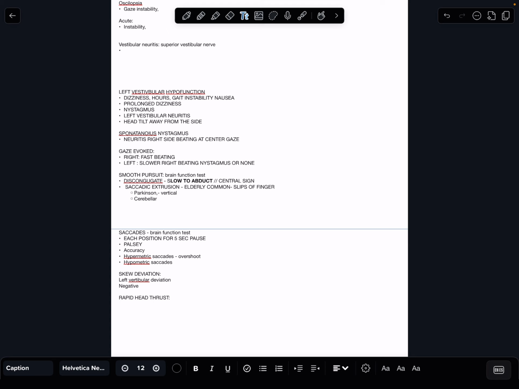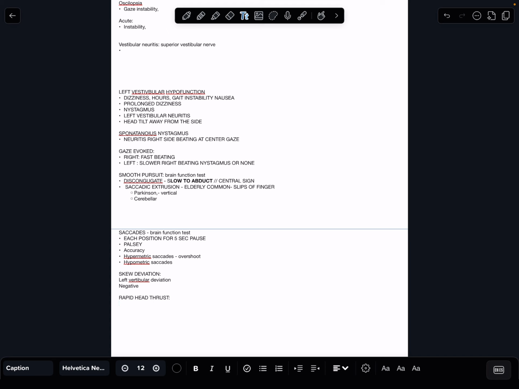Okay, now, here's the big one. The crown jewel of a classic vestibular neuritis, the rapid head thrust or the head impulse exam. This is part of your HINTS exam. So, in a left vestibular neuritis patient, you take their head and you thrust their head 30 degrees to the right. What would you expect, positive or negative?